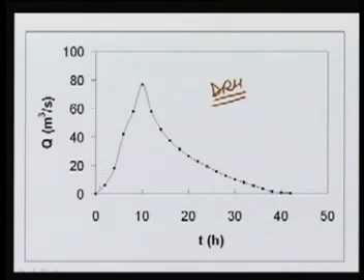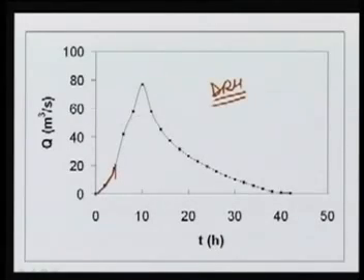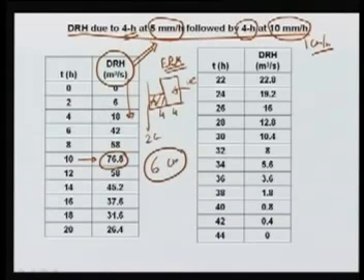If you see this curve, up to 4 hours there will be no change compared to the 4-hour UH, but then since another rainfall occurs, we will have this variation, which means that we will have a sum of rainfall ordinate or the DRH ordinate.